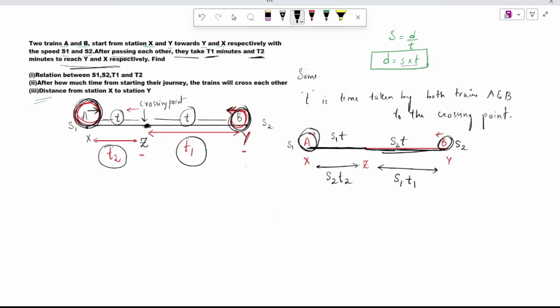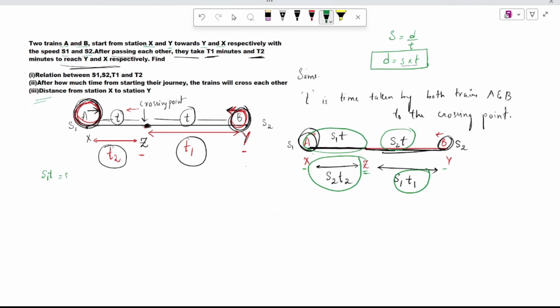See now, the distances X to Z, S1 t and S2 T2, are both equal because both are distances from X to Z. Similarly, S2 t and S1 T1 are both equal because both are distances from the crossing point to Y. So if we equate the distances, let's see what we get.